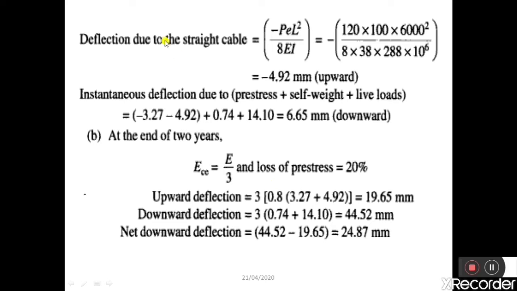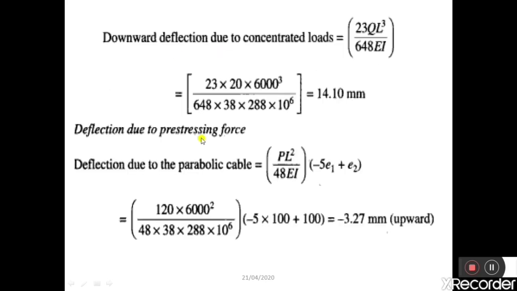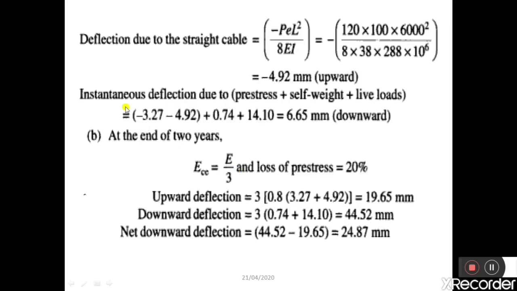So deflection due to straight cable. In the previous step we have calculated deflection due to parabolic cable, and now we shall calculate the deflection due to straight cable. So deflection due to straight cable is minus PE L square by 8 EI. This minus is indicating the cable is having a deflection in upward direction.